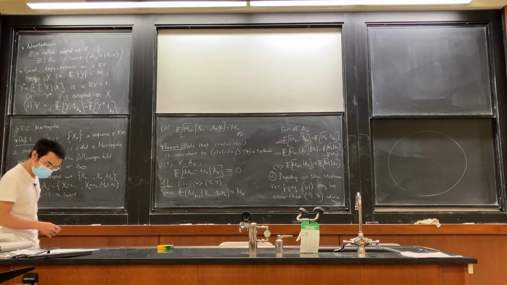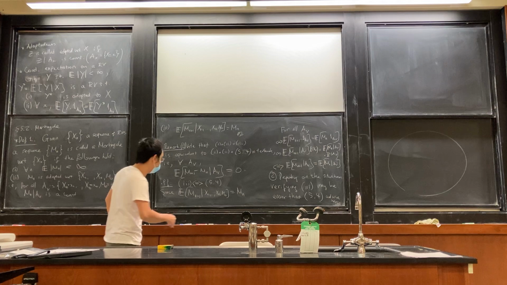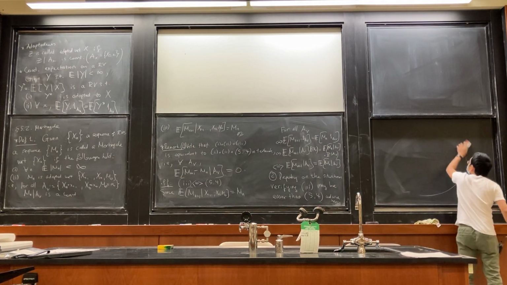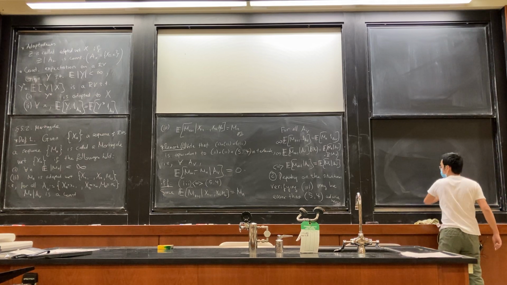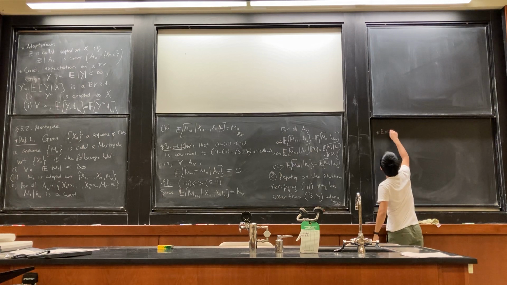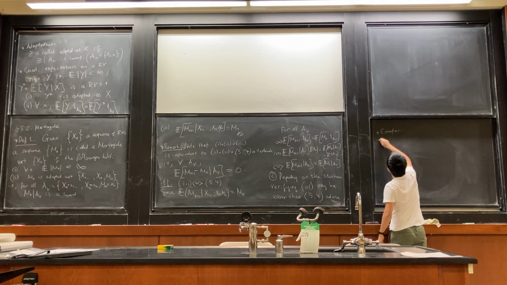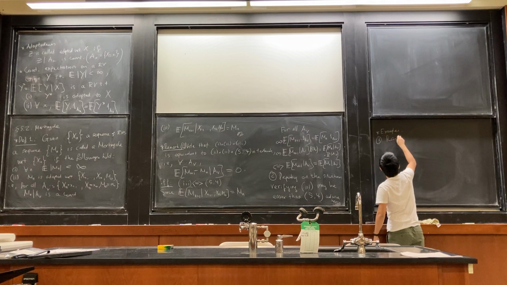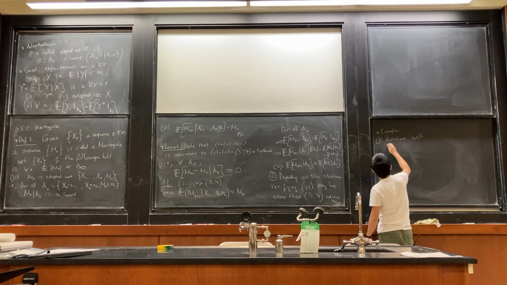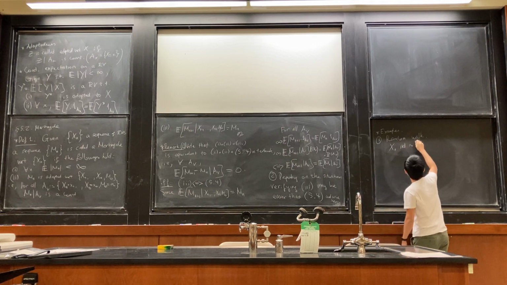All right. So let me move to an example to illustrate the terminology. The first one is a random walk. What does that mean? Suppose X_n is a sequence of IID random variables.